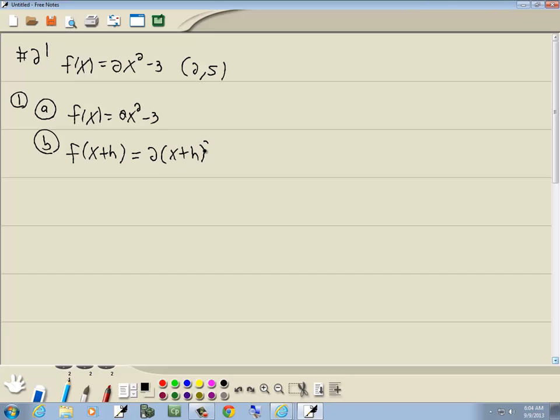So I replace this x with a set of parentheses and put x plus h in there. Well, that's 2 times (x plus h) times (x plus h) minus 3. x times x is x squared, x times h is hx, h times x is hx, h times h is h squared.